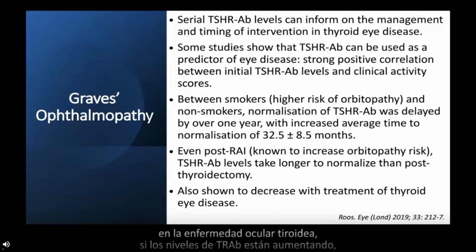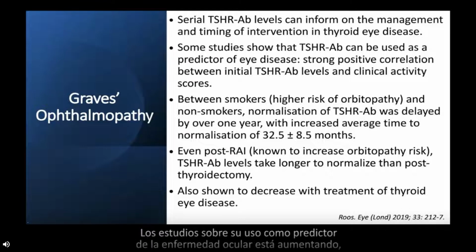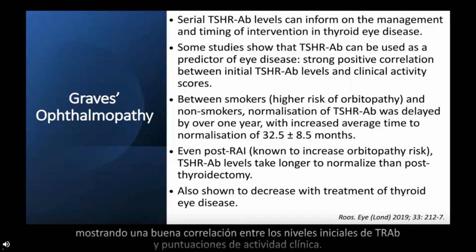If the TRAB levels are increasing, then the treating doctors may be persuaded to do some intervention. The studies on its use as a predictor of eye disease is increasing, showing good correlation between the initial TRAB levels and clinical activity scores.